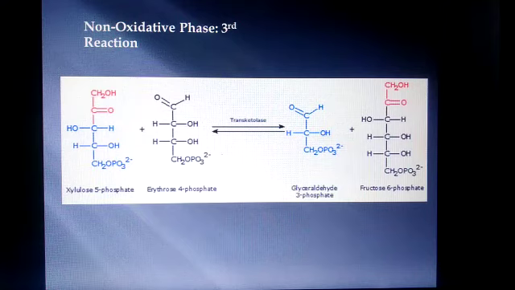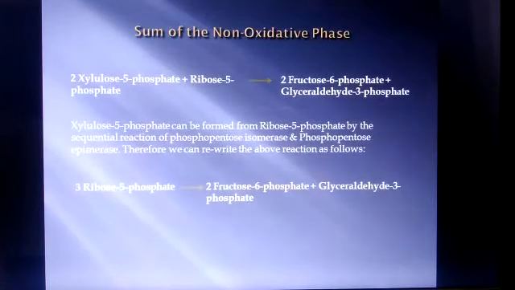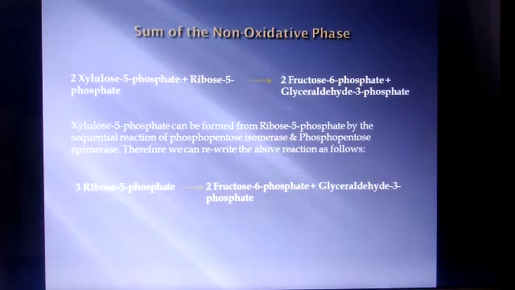So the sum of these reactions is: 2 xylulose 5-phosphate plus ribose 5-phosphate will produce 2 fructose 6-phosphate and 1 molecule of glyceraldehyde 3-phosphate.